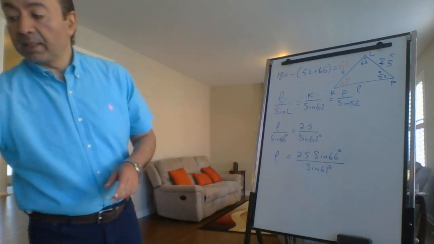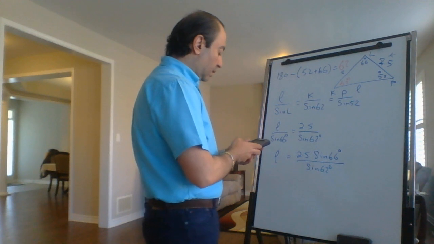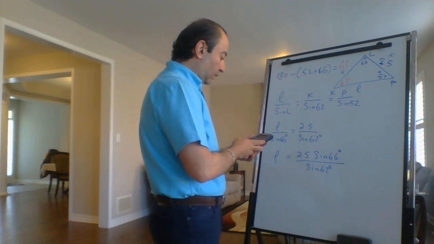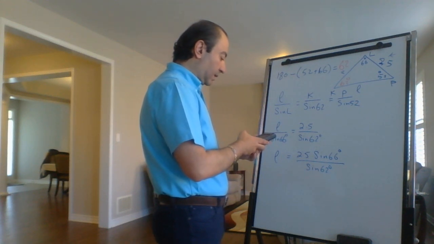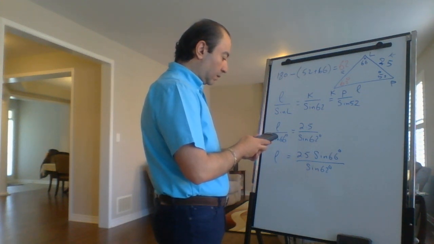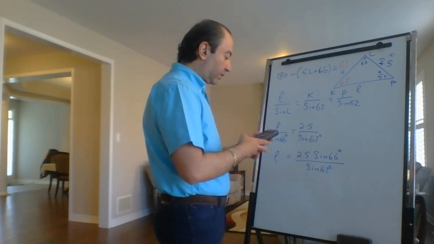Now I can use my calculator. 2.5 times sine 66, close bracket, then divide by sine 62 and hit enter.